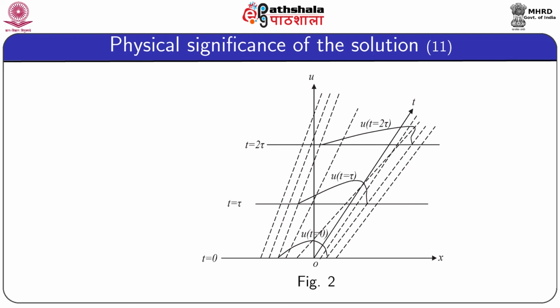Now, you can see there is a distortion of the wave because at a higher value of u, the points will move faster than the points which have a lower value of u. So, as time goes, you can see a distortion, and after some time the solution will not exist, and this particular phenomenon is known as shock waves, and this is the characteristic of a nonlinear differential equation.